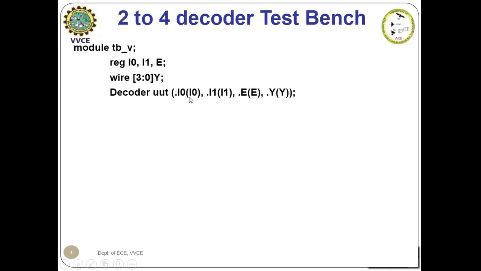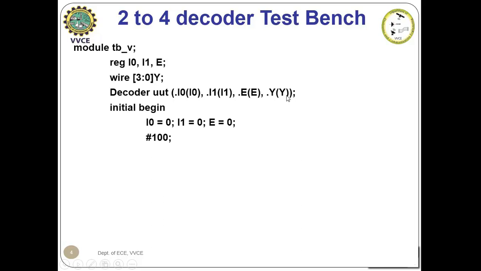Dot I0 of this test bench will be mapped to I0 of the decoder module. Dot I1 of this test bench will be mapped to I1 of the decoder module. Dot E of this test bench will be mapped to E of the decoder module, and dot Y of this test bench will be mapped to the Y output of the module.